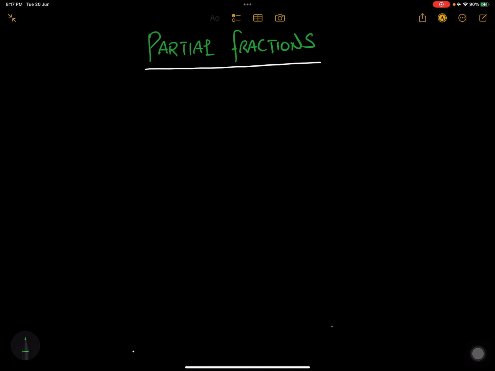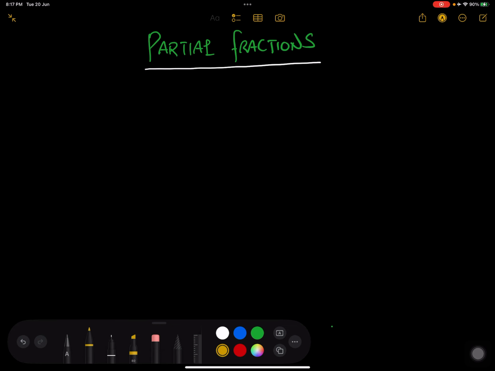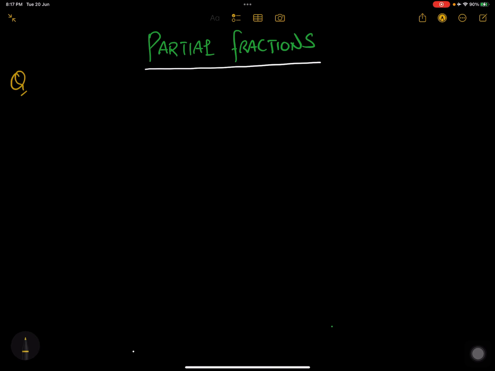Let's imagine that we've been given this question: 9x squared plus 20x minus 10, divided by (x plus 2)(3x minus 1). This is a problem we need to solve.